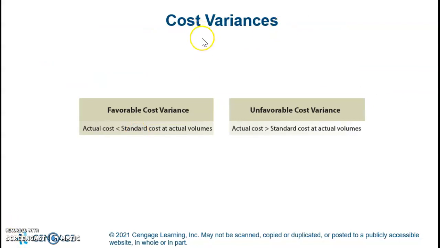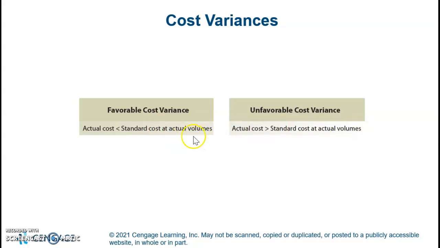Here it is in a graphic form. Favorable cost variance is when actual cost is less than standard cost at actual volumes, and then unfavorable cost variance is when actual cost is greater than standard cost at actual volumes. Notice they put in at actual volumes.